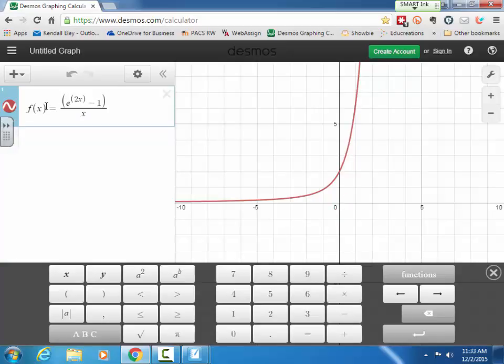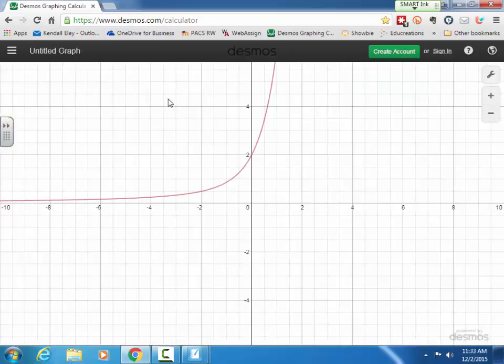Oh, my graph looks different than your graph. What was your graph again? Maybe this way you put it into the calculator. Maybe that's the only way. Yeah, put that in and let's see what happens there. Okay?